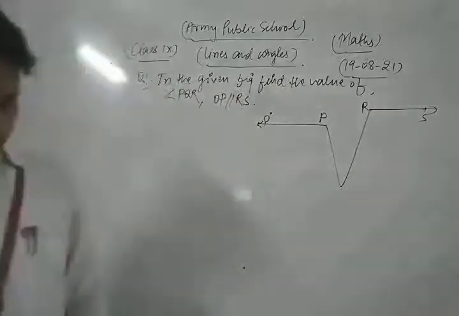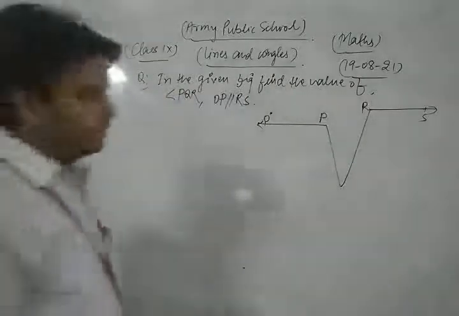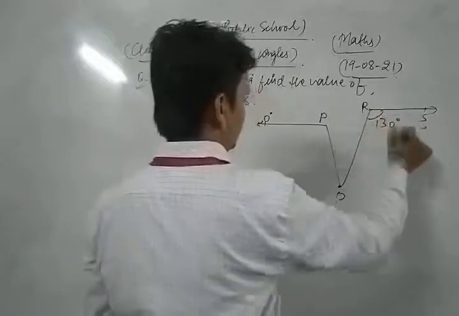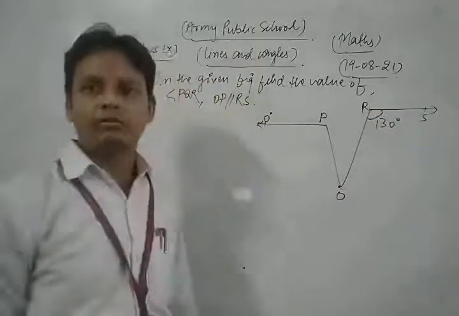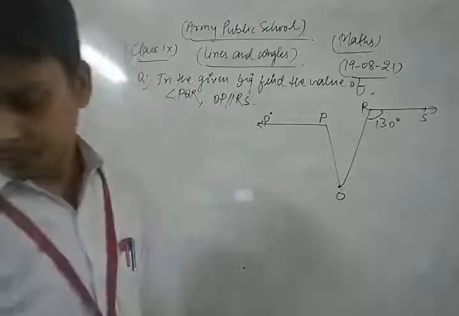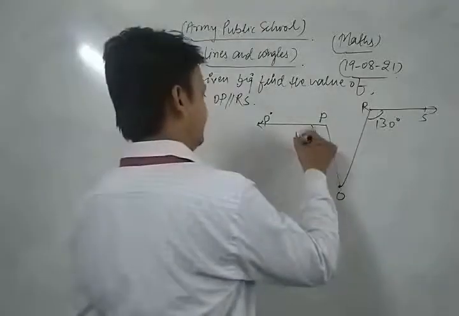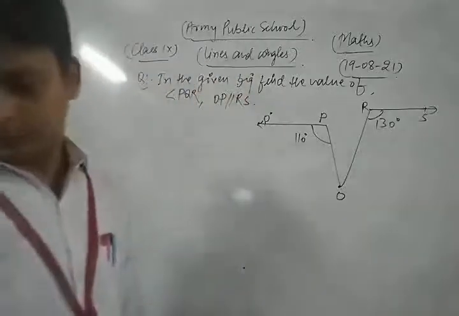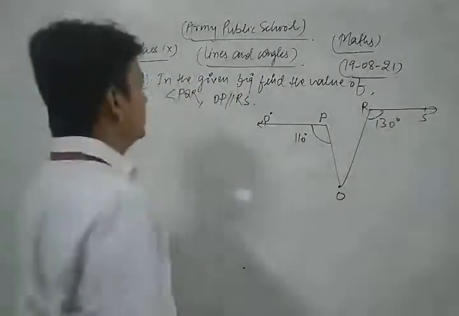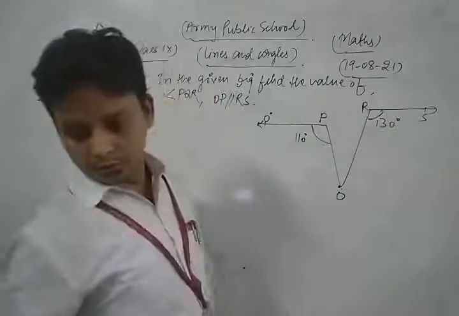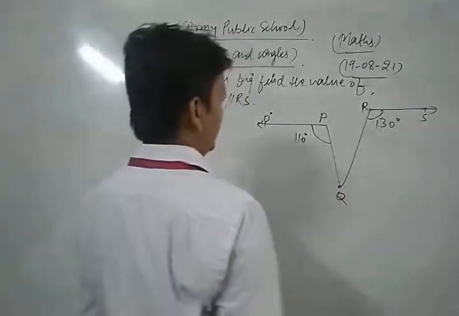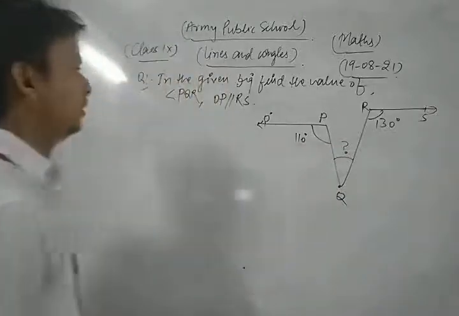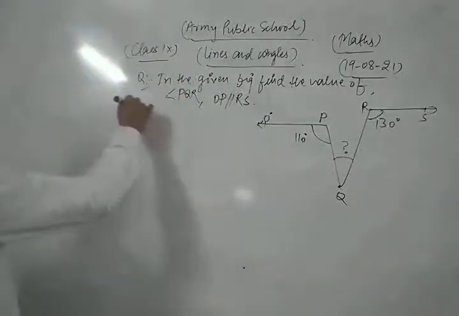This angle is 130 degrees, and this one is 110 degrees. This is Q. We have to find angle PQR. Now let's see its solution.